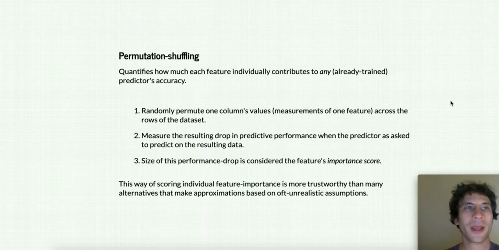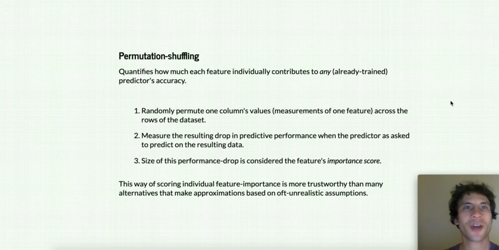One way to quantify how much each feature individually contributes to an already trained predictor's accuracy is via a method called permutation shuffling. Here we randomly permute one column's values corresponding to the measurements of one feature across the rows of the dataset and measure the resulting drop in predictive performance when the predictor is asked to predict on this resulting data.